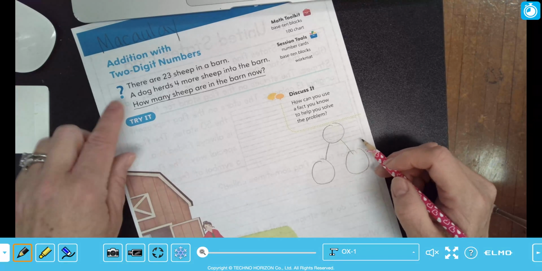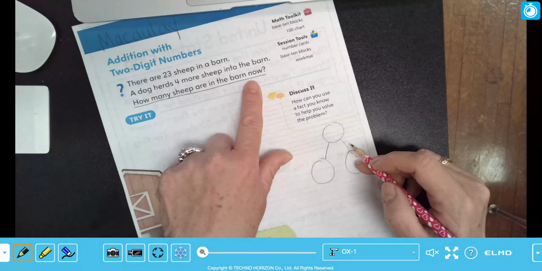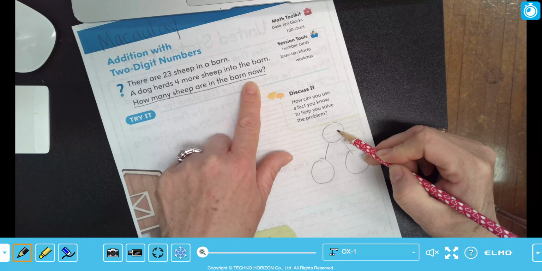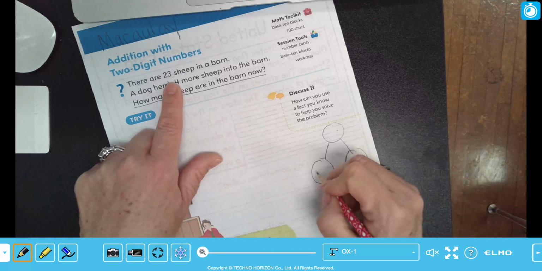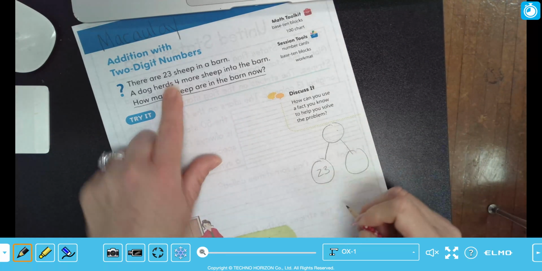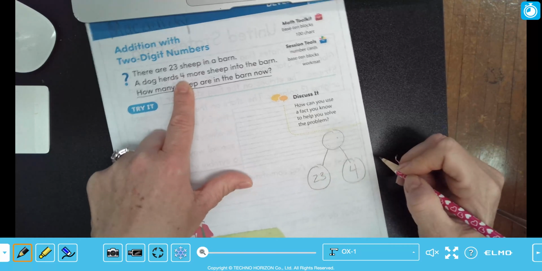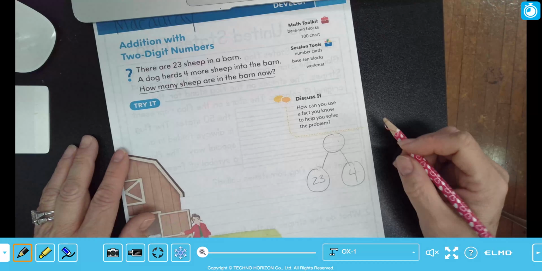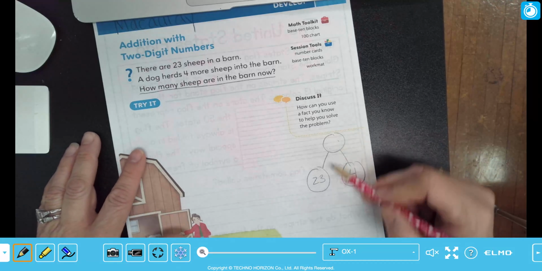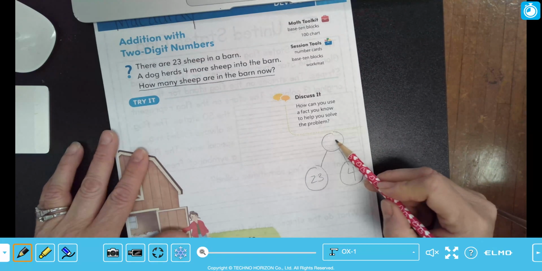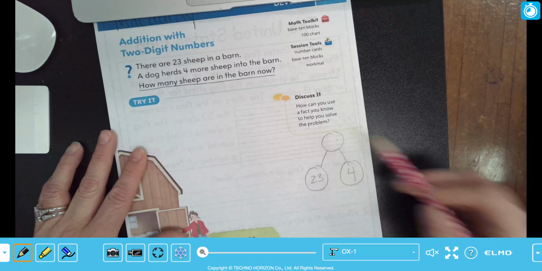We don't know the total number of sheep, but we do know that there were 23 at the beginning, and that 4 more came in. Can you draw a number bond and have 23 at the beginning and then 4 came and we don't know how many all the sheep are now?